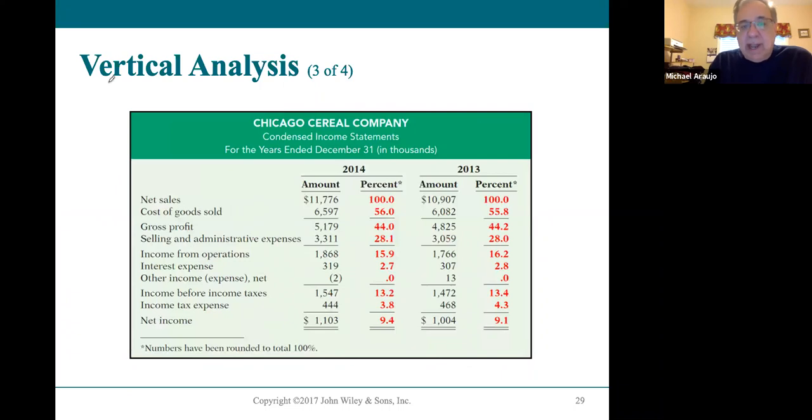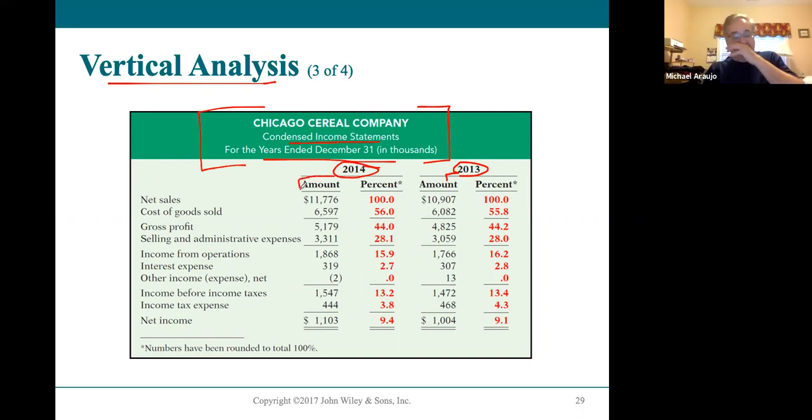This is again vertical analysis, but for the income statement. Okay? So this is an income statement for the year ending July 31st. For 2013, the numbers are here in the amount. For 2014, it's in the column listed amount. In this case, the income statement's different because everything starts with revenue and then flows from that, right?